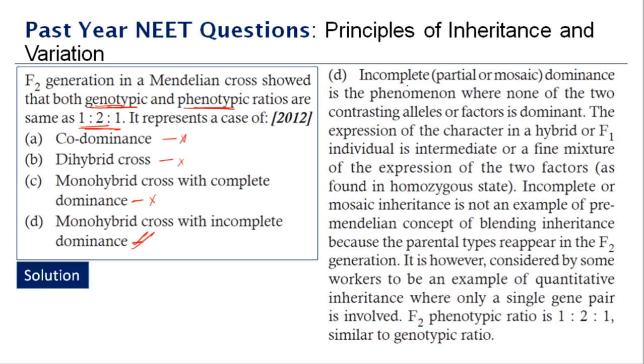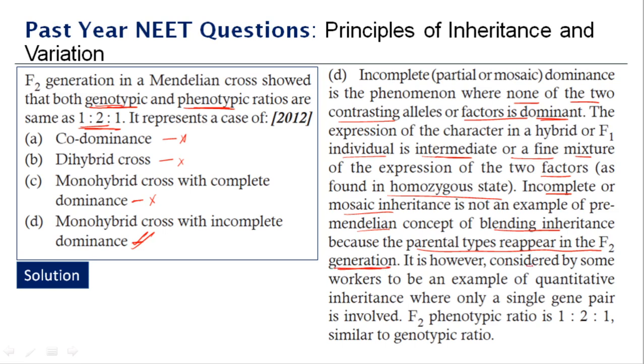Incomplete, partial or mosaic dominance is the phenomenon where none of the two contrasting alleles or factors is dominant. The expression of the character in a hybrid or F1 individual is intermediate or a fine mixture of expression of the two factors as found in the homozygous state. It is very important: incomplete or mosaic inheritance is not an example of the pre-Mendelian concept of blending inheritance because the parental types reappear in the F2 generation.